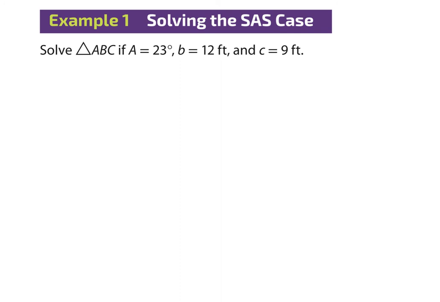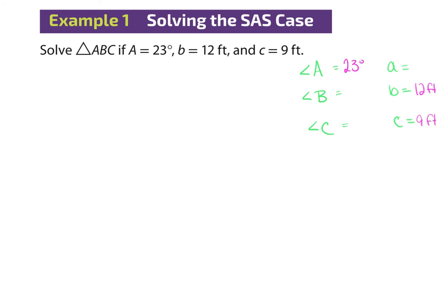Again, I'm going to set up my 3 angles, angle A, angle B, angle C, and my 3 side lengths, A, B, and C. And then I'm going to fill in what they've given me: angle A, side length B, and side length C.